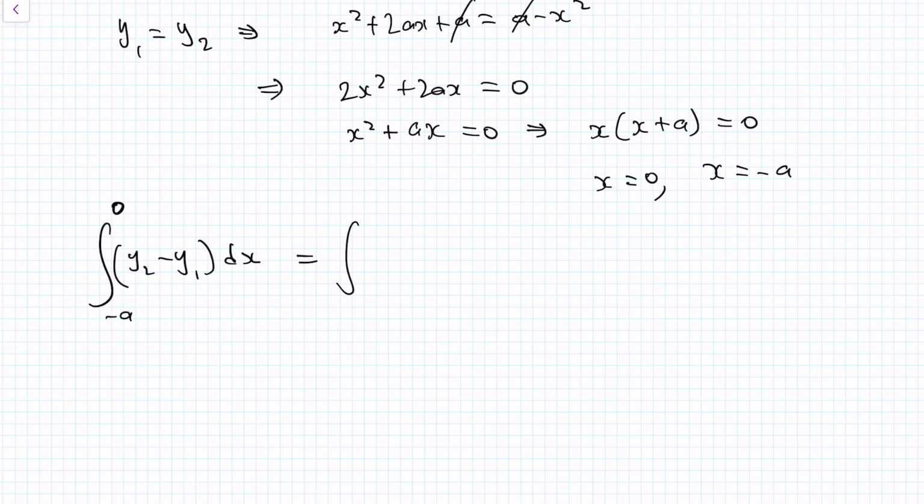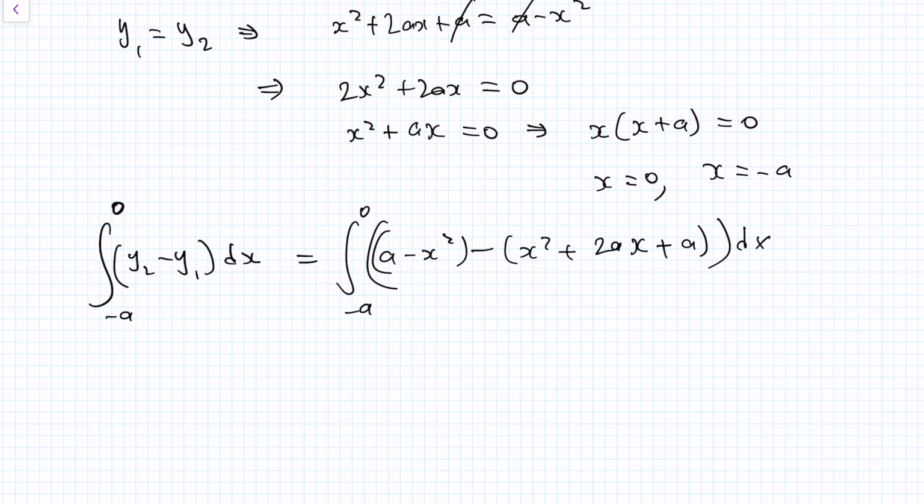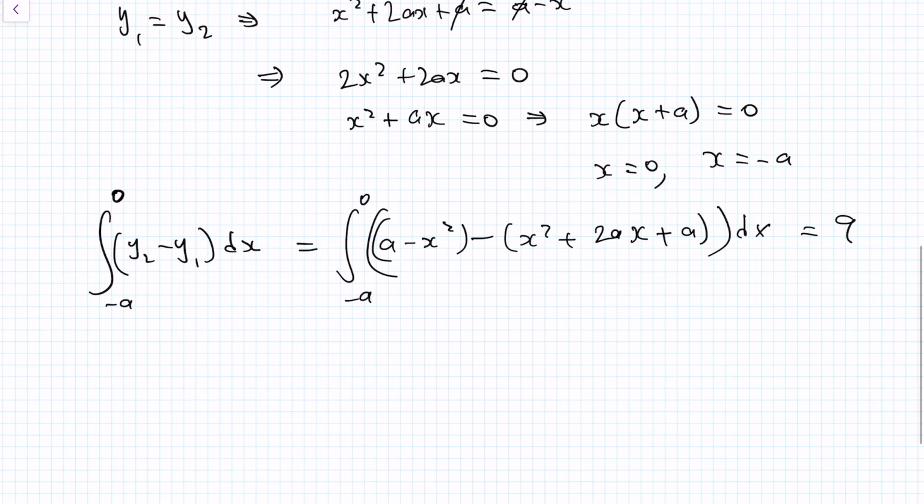So that would be the integral from minus a to 0 of a minus x squared, take away x squared plus 2ax plus a, with respect to x. And this is equal to 9.